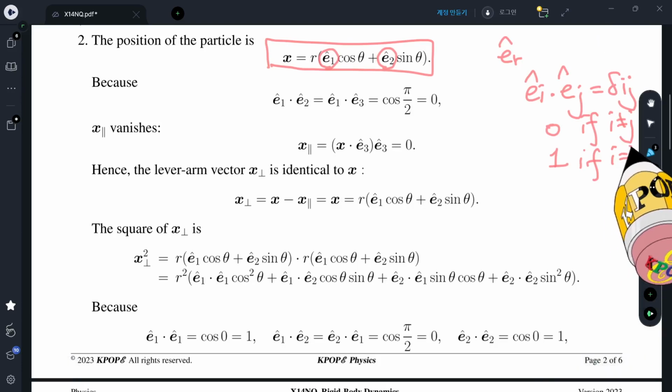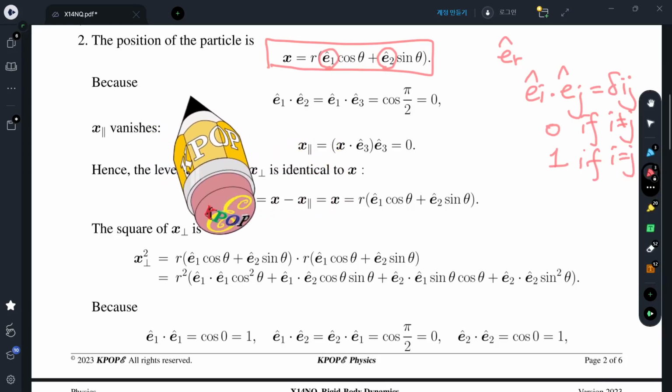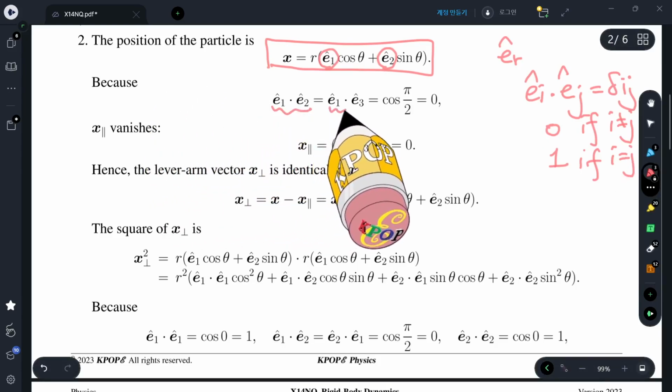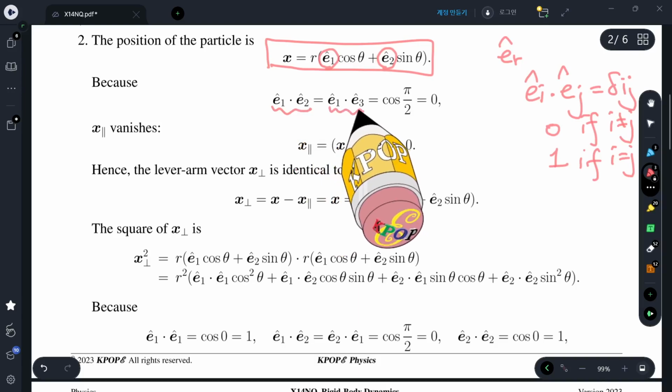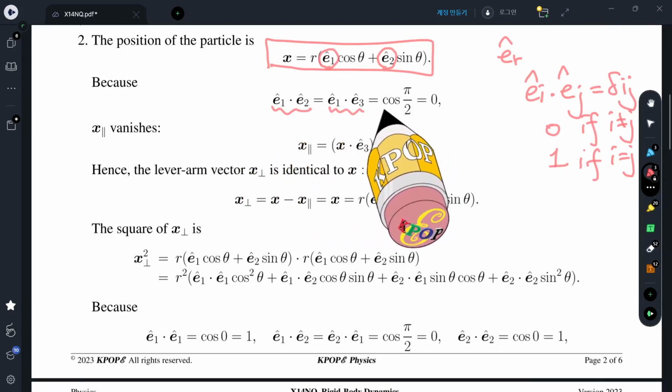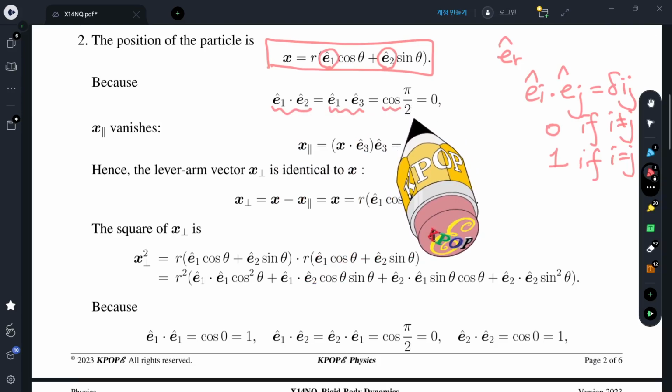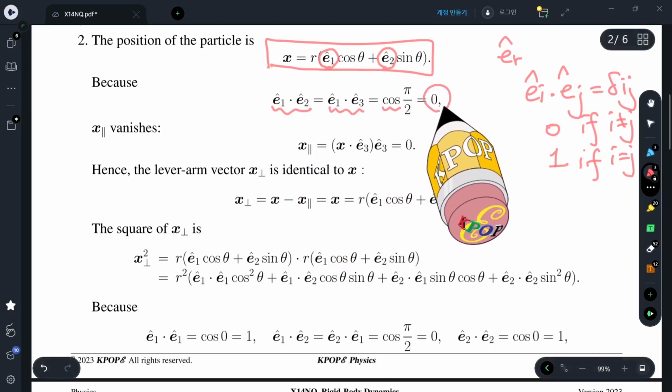As you know, the x and y axes are perpendicular to each other. The x and z axes are perpendicular to each other. Therefore, they are the directional cosines. The cosine of half of pi is exactly 0.